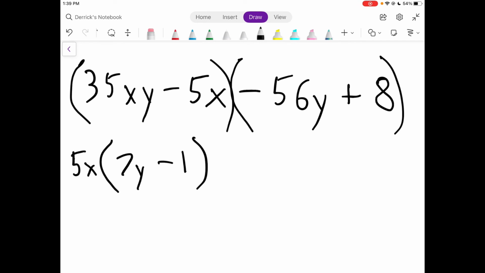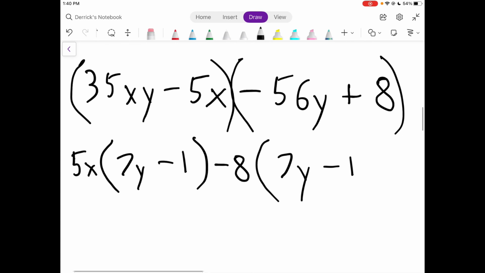Now 56y and 8 have an 8 in common, but if all I do is pull an 8 out, that's not going to make these parentheses match up. I need to pull a negative 8 out because negative 56y divided by negative 8, a negative divided by a negative is a positive, so we'd get positive 7y. And then 8 divided by negative 8 gives us a negative 1, and that's how we end up with parentheses that match in positive 7y minus 1.